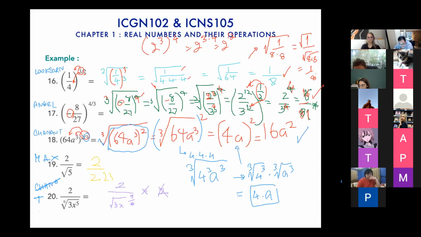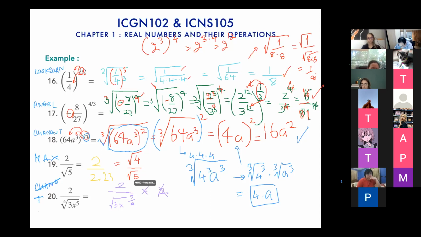Apart from writing it down like this, you can make it easier. You can see that actually the 2 here can be written as square root 4, isn't it, and on the divisor you have square root 5 here, right?